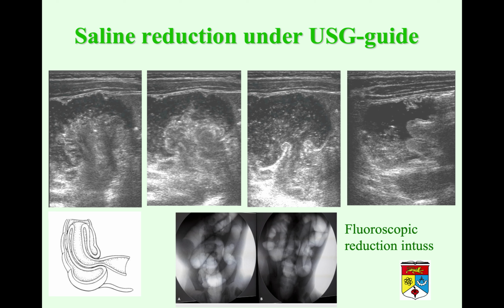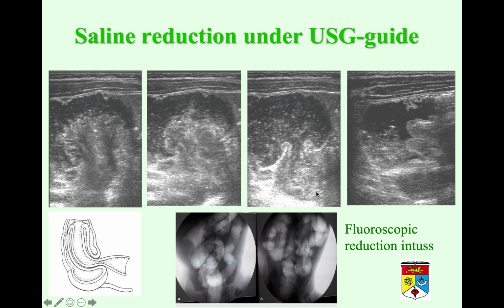In other centers where they do not do any ultrasound guided saline reduction, sometimes they will do a fluoroscopic reduction, and this fluoroscopic reduction basically also introduces something, which is air, and this air is given under pressure, so that the air pressure will push the ileum back to the normal position through the ileocecal valve.